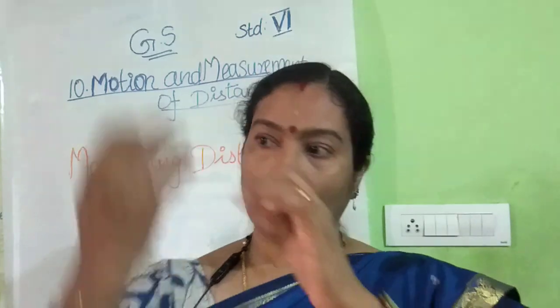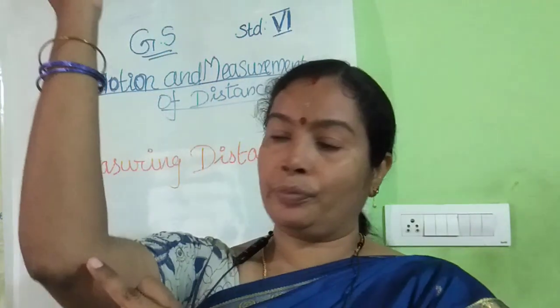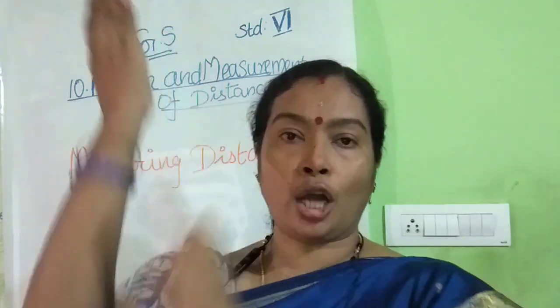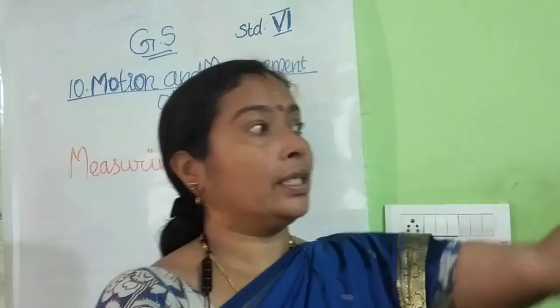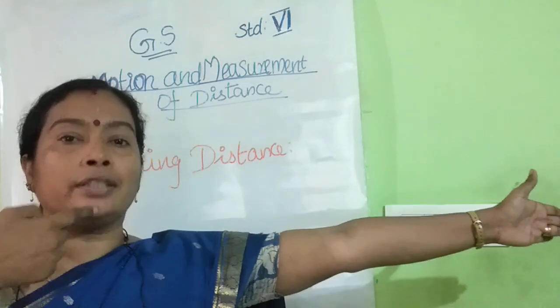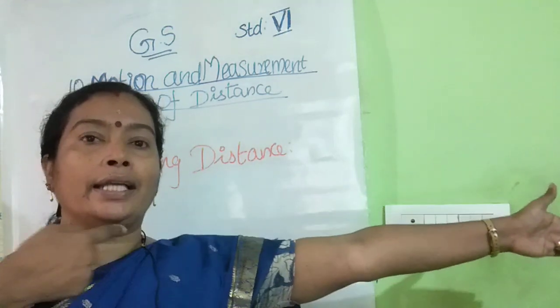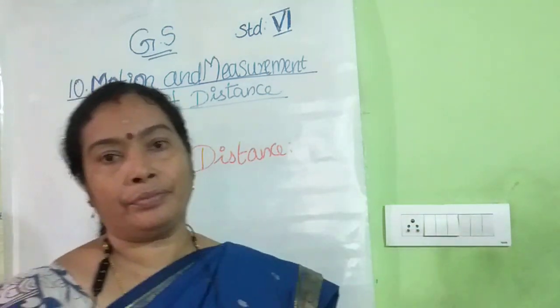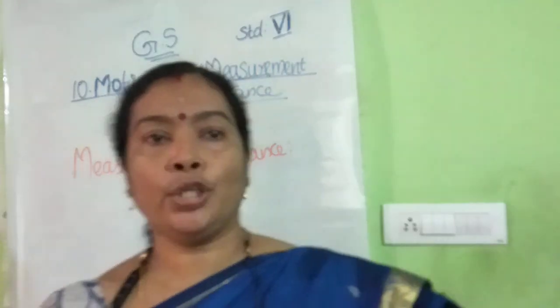Otherwise, the length from the finger to the elbow, the forearm length. Otherwise, the length from the tip of the finger to here, the full hand length up to the chin. So like that they used.